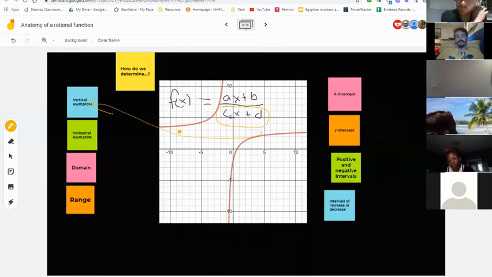So if I were to look at end behaviors of this function, I'm going to draw this line as best as I can.